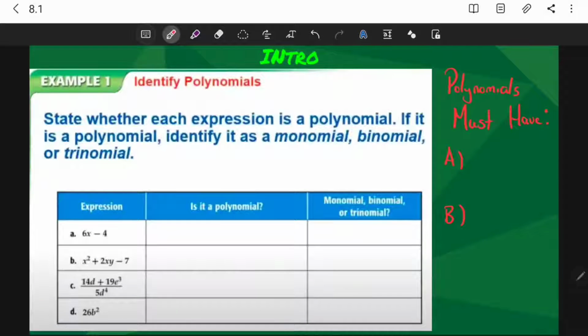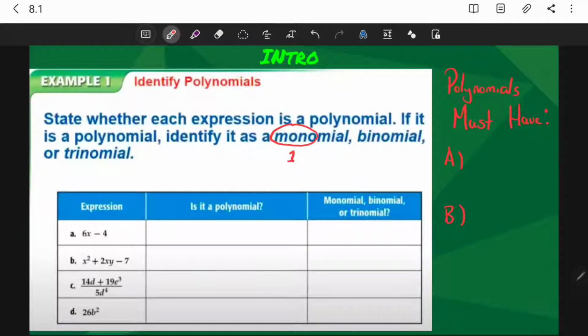Before we get into that work, let's go over our terms. A monomial, you'll see that word in here. Anything with mono is equal to 1, like a monocle, which is a glass that just goes in one eye. You've probably seen it attached to a string before in some old movies.